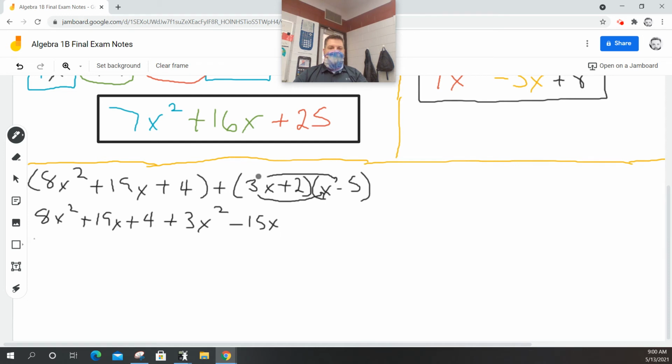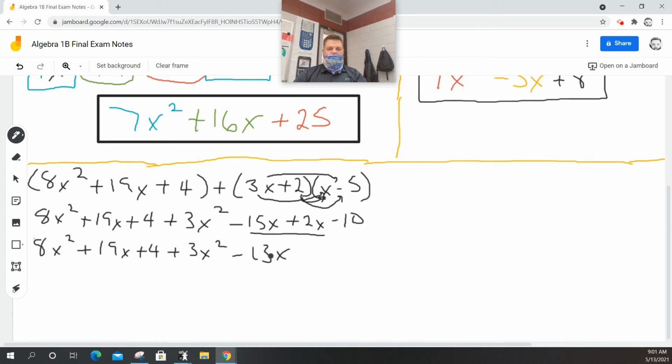And then I'm going to say 2 times x, which is a positive 2x. And then 2 times negative 5 is negative 10. I'm only writing it out this way because I don't have enough space. So in my next line, then I'm going to have 8x squared plus 19x plus 4 plus 3x squared. Then I got to combine these like terms, which becomes negative 13x minus 10.